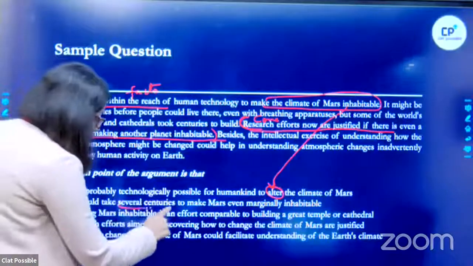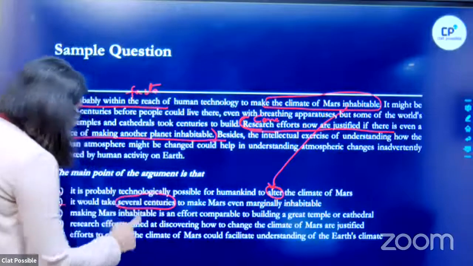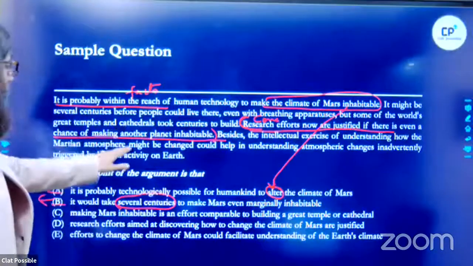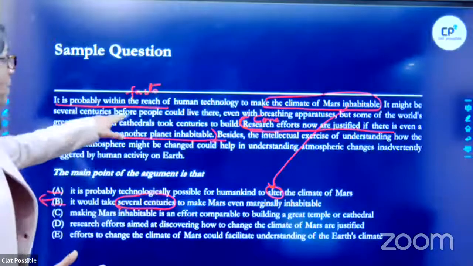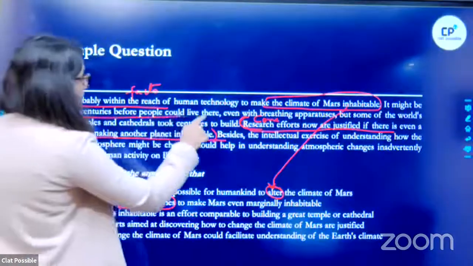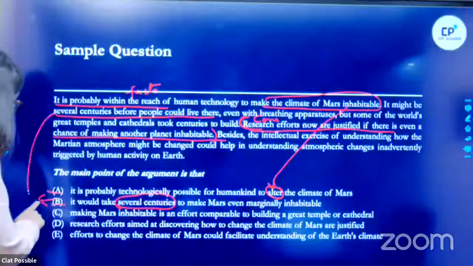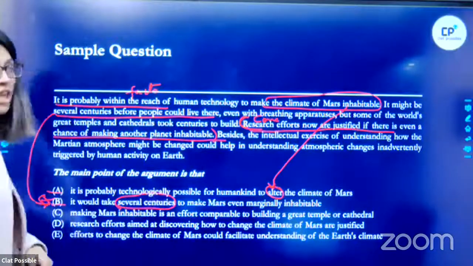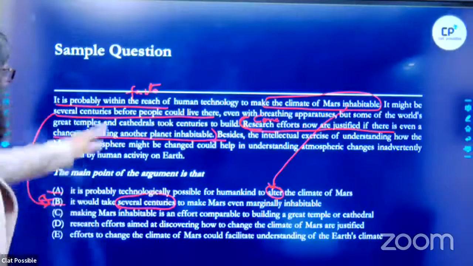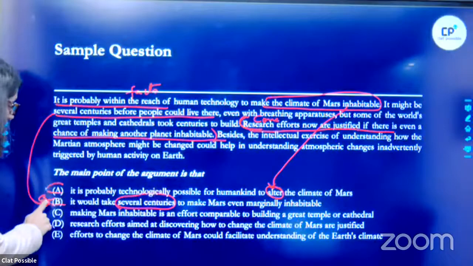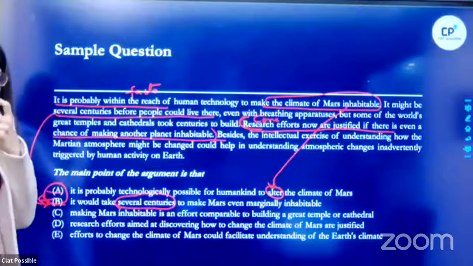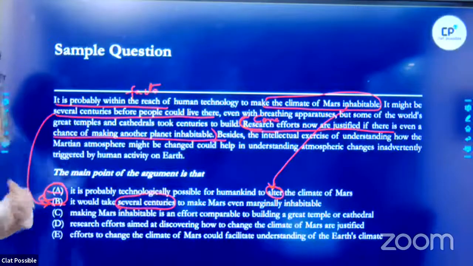Again, several centuries. We have said it here that it is going to be a lot of time before people start living there. But it's not the same as saying that it will take so much time to change the climate, but still it is another fact. So A and B are those answer types where I said repetition of facts have to be removed as answer options.